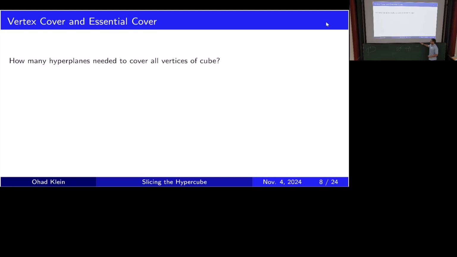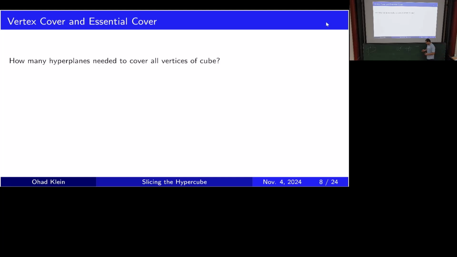Now I want to talk about another, very related problem, which is covering the hypercube. So now we discussed intersecting all edges in the cube. Now we want to cover all the vertices of the cube using hyperplanes. So how many hyperplanes do we need in order to cover all vertices?